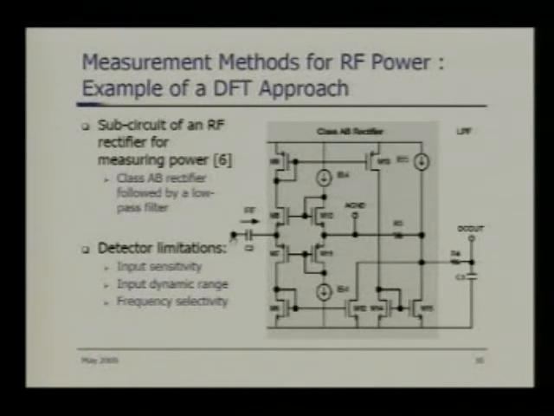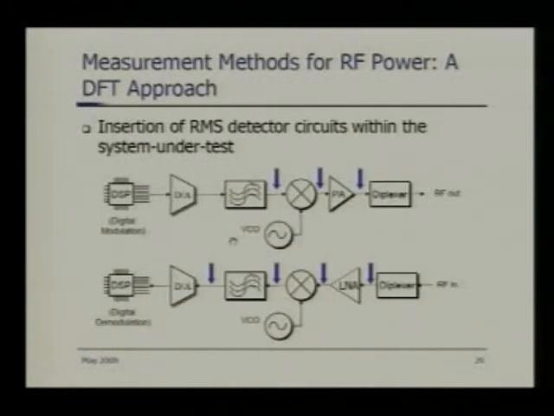But the biggest advantage is that, unlike using the spectrum analyzer or network analyzer, you can put the small circuitry within the circuit under test itself, so that you can measure the power in situ.